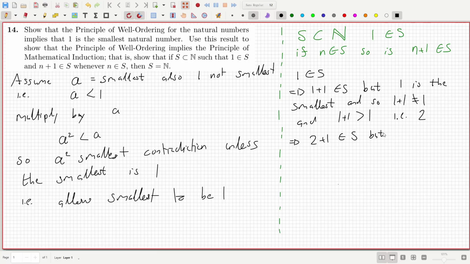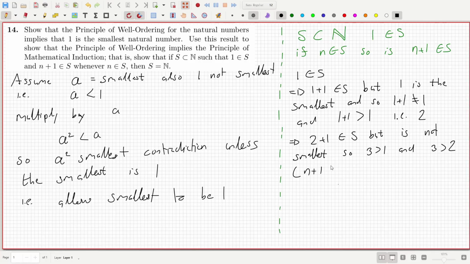But again, this is not the smallest. So 3 is more than 1, and 3 is more than 2, since I think we can take it for a fact and axiom.